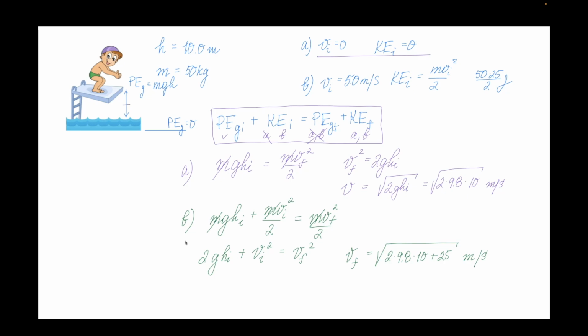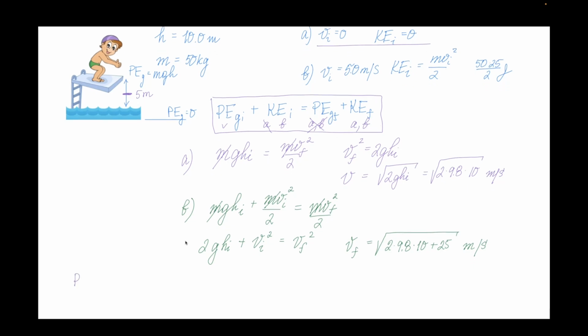Let's say I want to know how fast he is moving 5 meters above the ground. There are 2 things you can do. You can do this: potential energy gravitational initial plus, if he steps off, then it's 0. If he does jump off, then you're going to have kinetic energy initial, and it will be equal to potential energy gravitational final plus kinetic energy final.